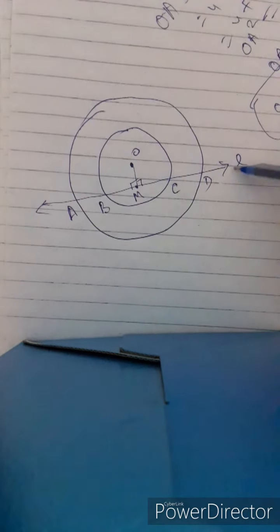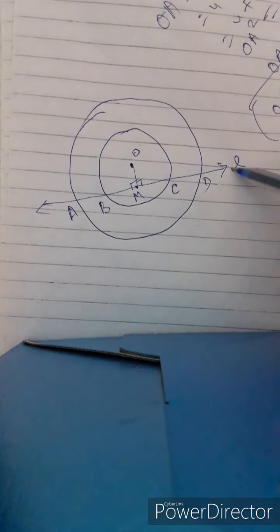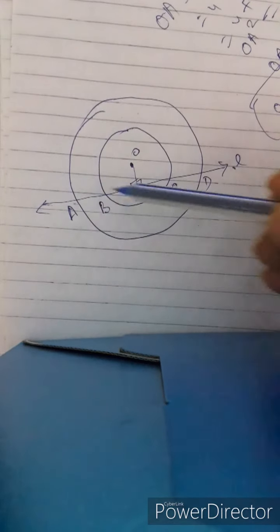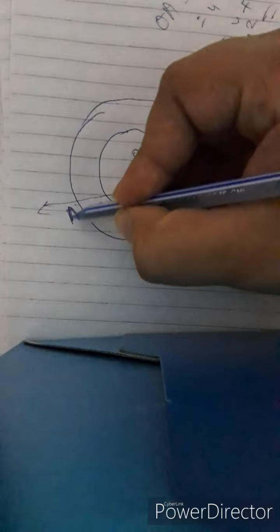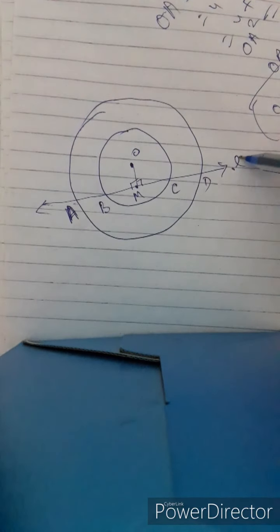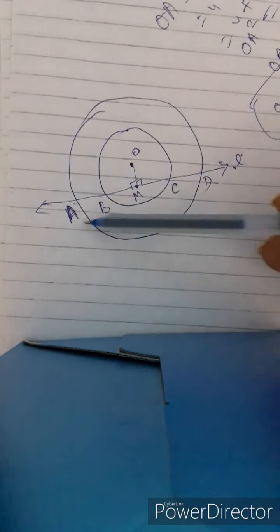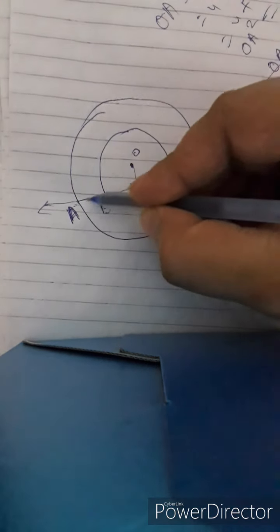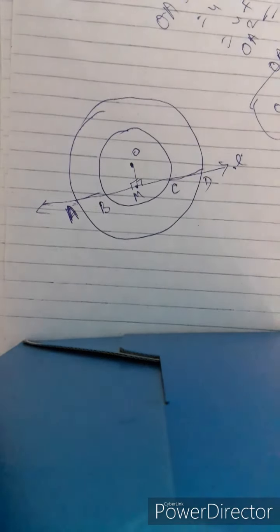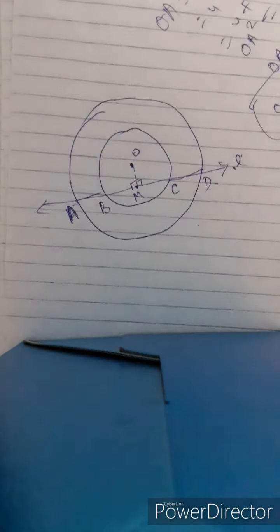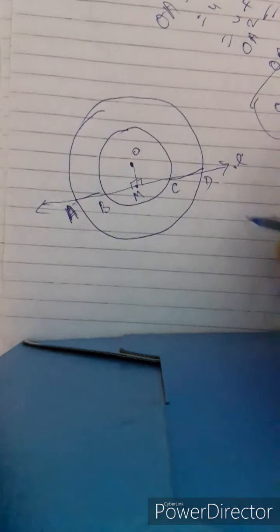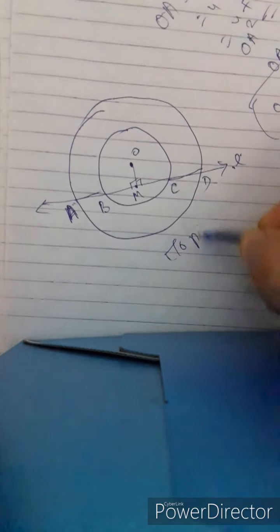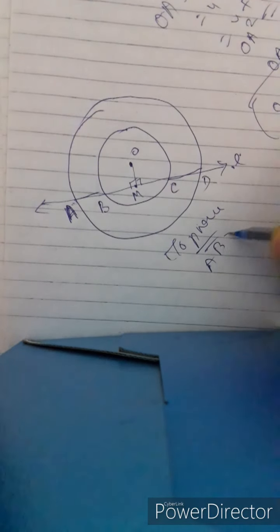If a line L is drawn so that it intersects two concentric circles at points A, B, C and D, as shown in the figure, we have to prove AB equals CD.